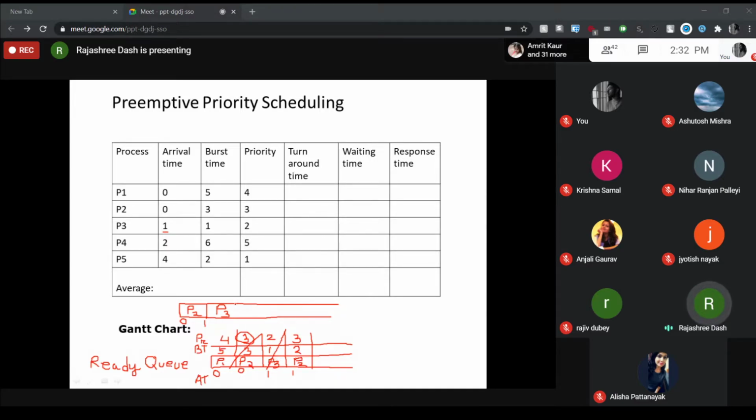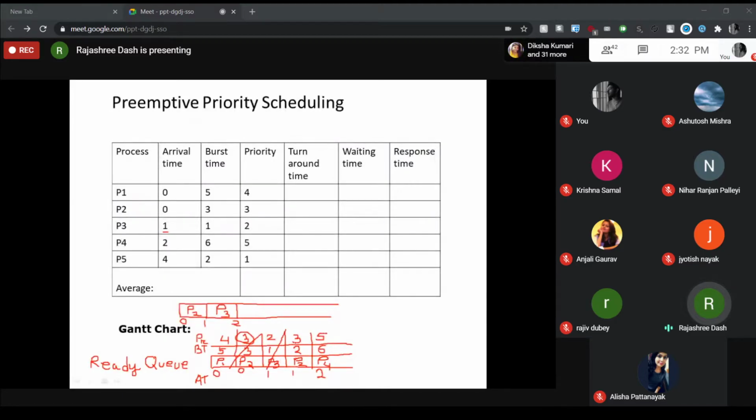Now while P3 is executing, just look at the arrival time. At time 2, the next process enters the ready queue, that is your P4. For P4, the burst time is 6 and the priority is 5.